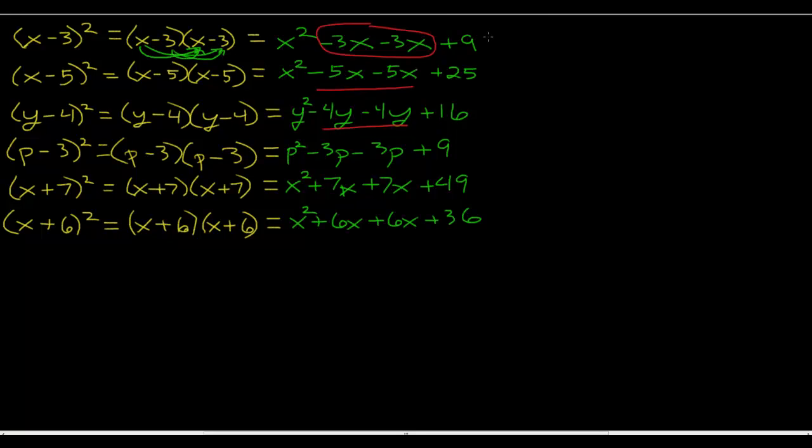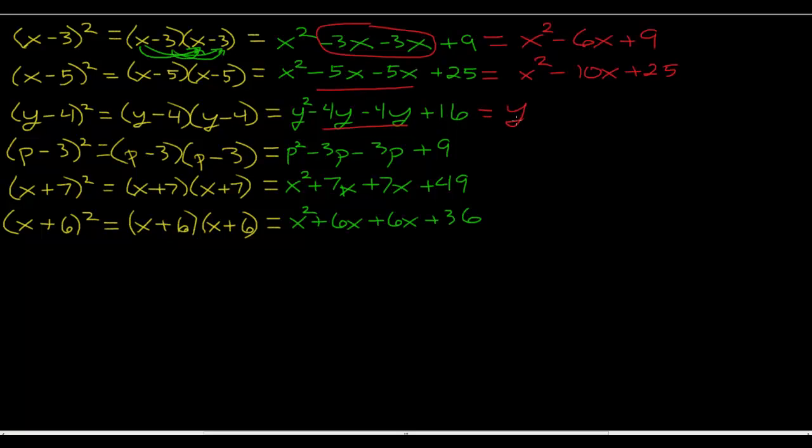So when you clean it up, x squared minus 6x plus 9, and this one is x squared minus 10x plus 25.